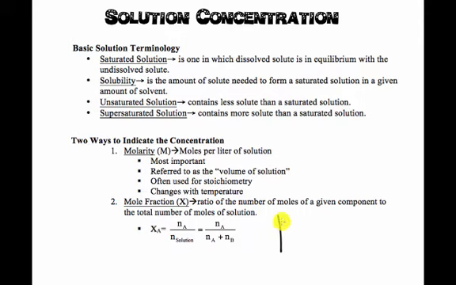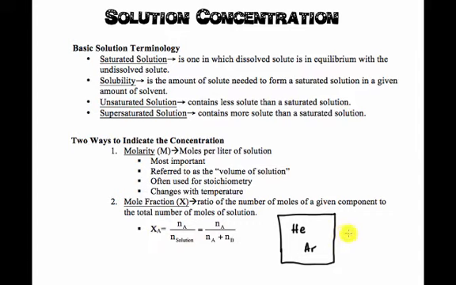So for example, if I have a mixture of two gases, and let's say I just have helium and argon mixed together, what I want to know is what's the mole fraction of helium to argon. Well, what I would do is figure out how many moles of helium I have and then put that over the total number of moles of helium and argon. The mole fraction really comes out to be the relative number of particles, or the relative percent.